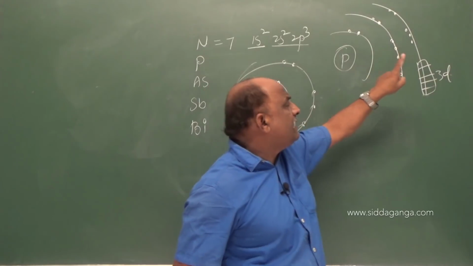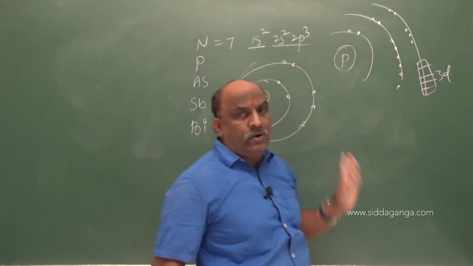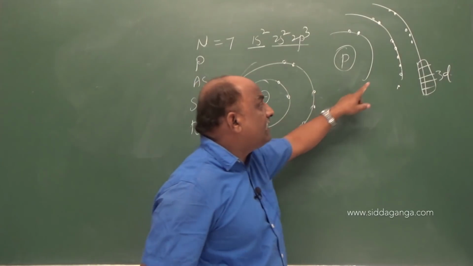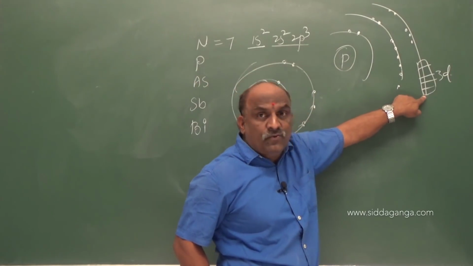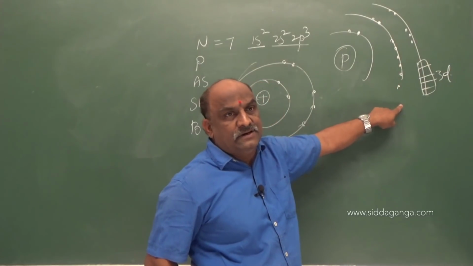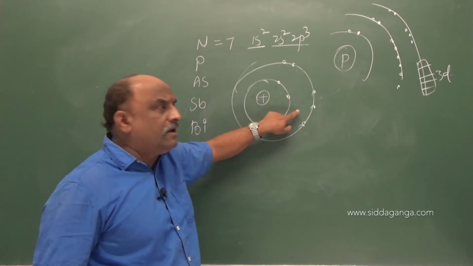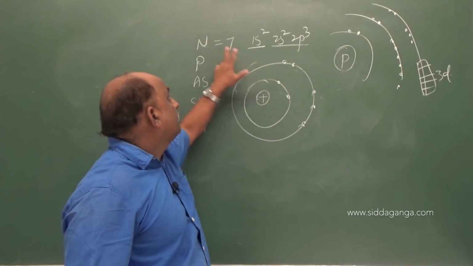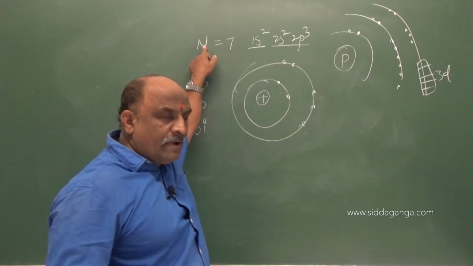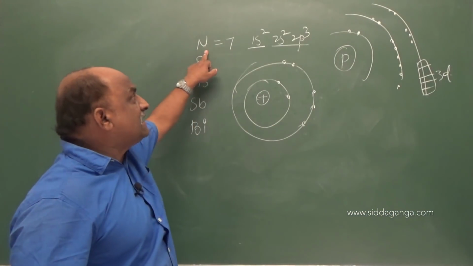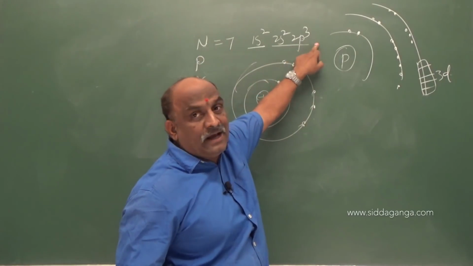This is a very important point. Phosphorus onwards there are vacant d orbitals, due to the absence of vacant d orbitals in the nitrogen atom. Make a note. Nitrogen doesn't have vacant d orbitals.